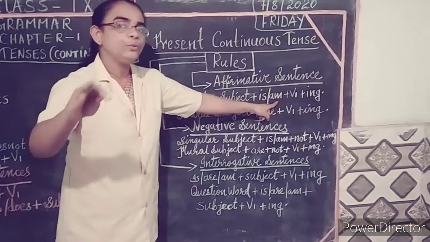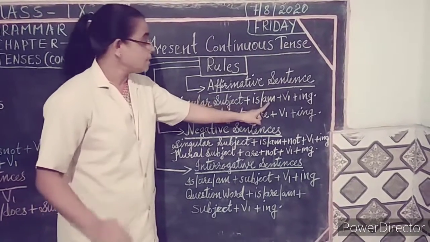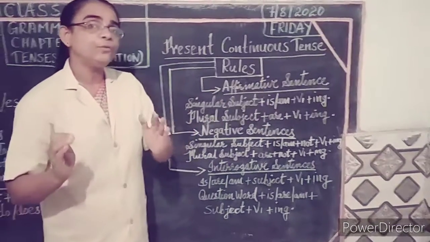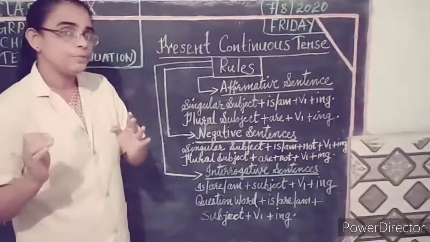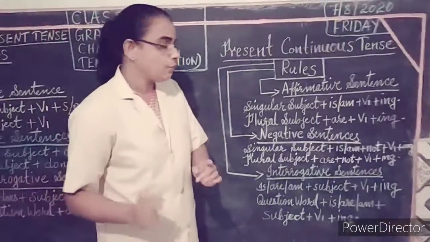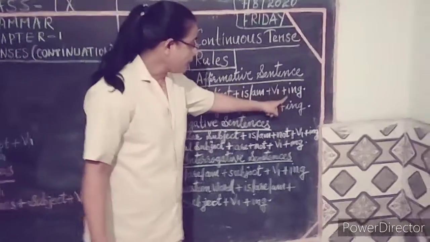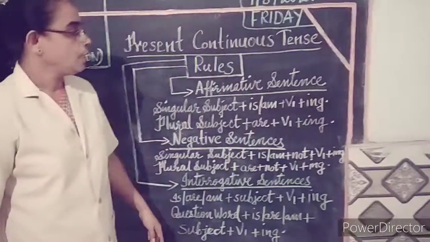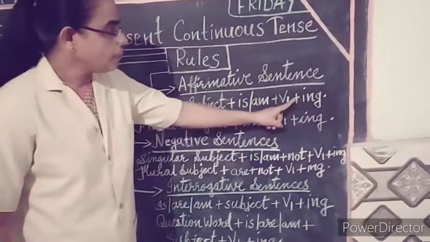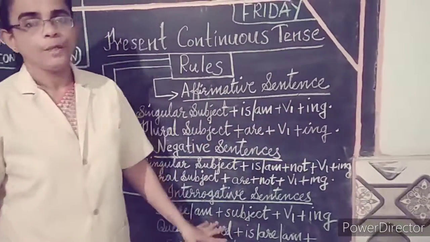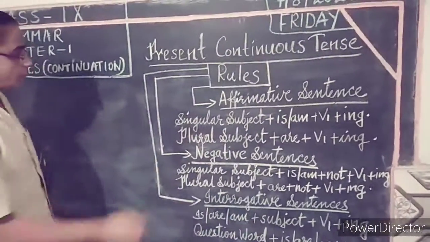That's a new word we are going to learn. They are known as helping words, helping verbs or auxiliary verbs, along with the first form of the verb and then the ing form of the verb. Verb 1 plus ing form.